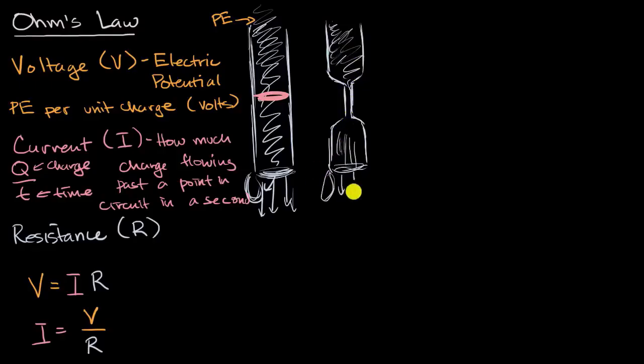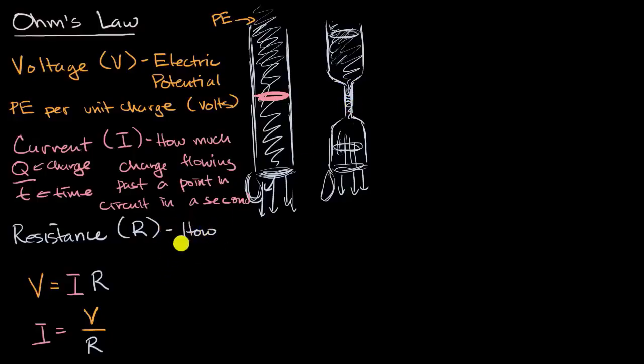But now, at every point in this pipe, the amount of water that is flowing past at a given moment of time is going to be significantly lower because you have this bottleneck right over here. So, this narrowing is directly analogous to electrical resistance.